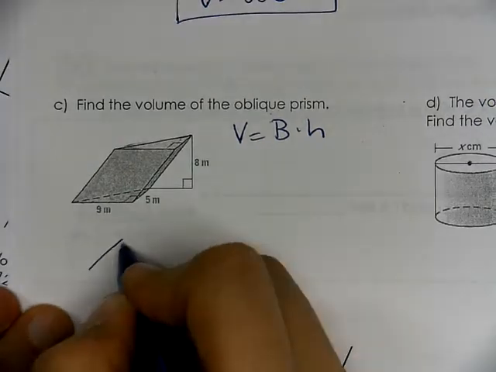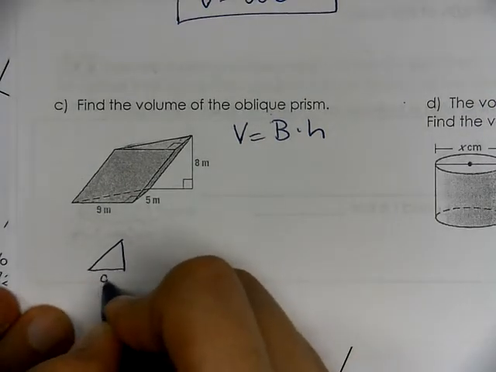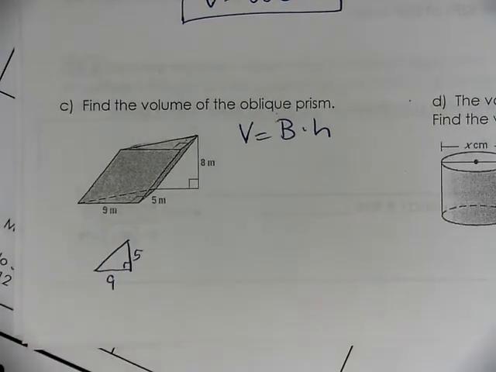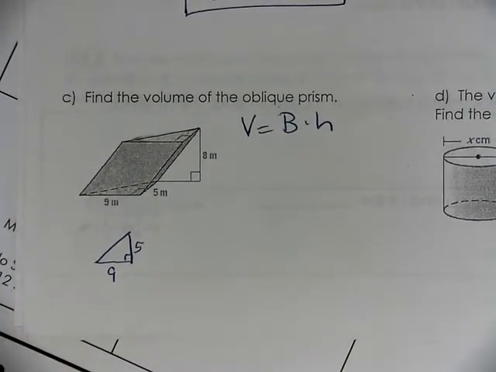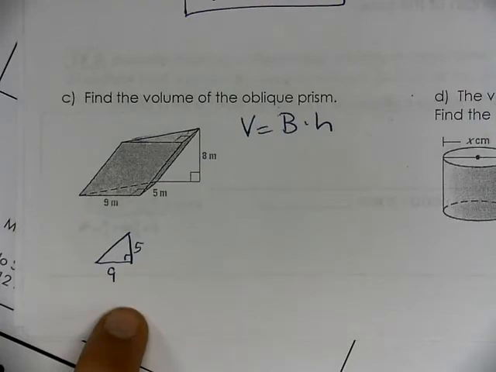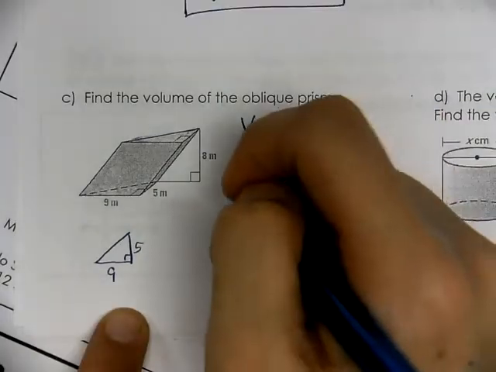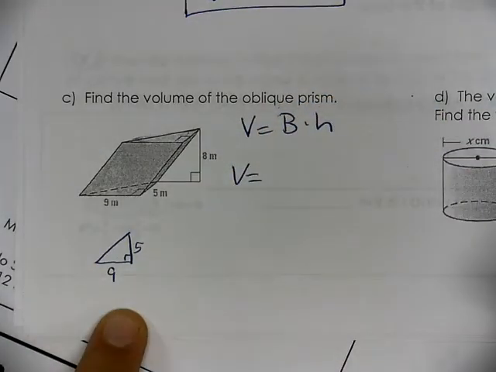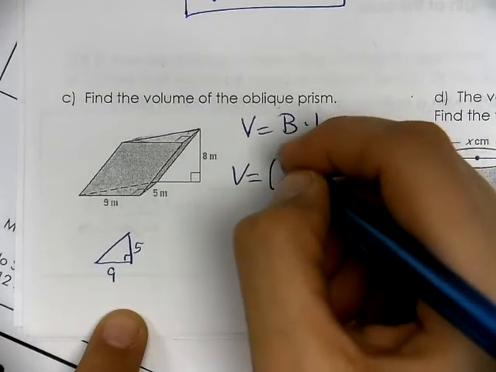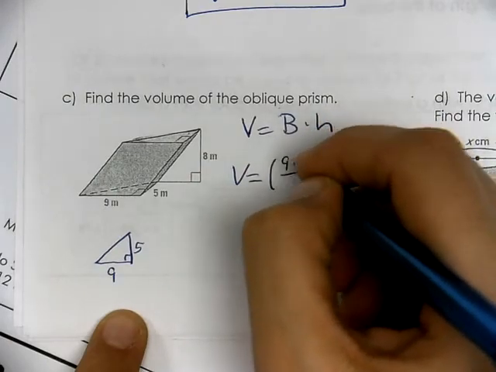If I were to redraw it, it looks like this. So how do you find the area of that triangle? So 9 times 5 divided by 2.